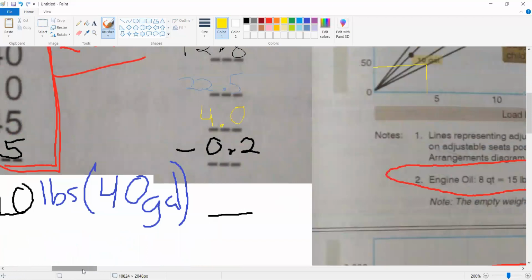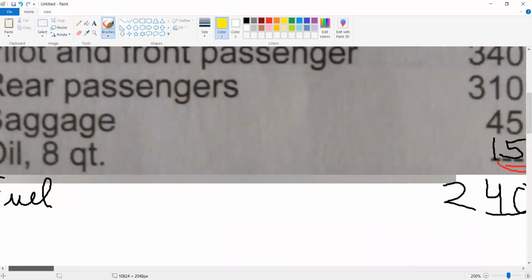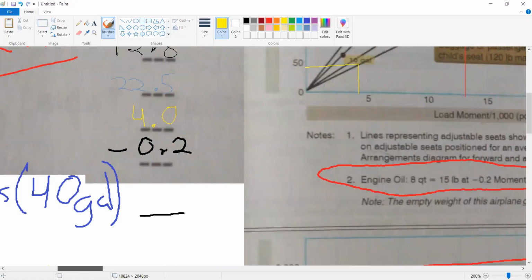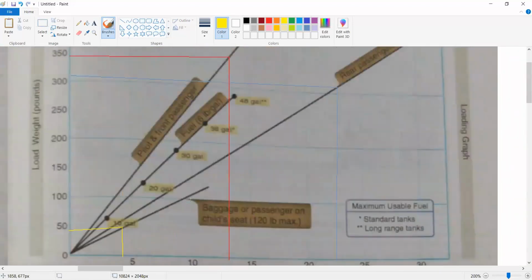Right, now last is the 240 pounds. How to figure out this 240 pounds of fuel. I believe same thing, we go over here. Fuel is 240. So 240 is about here.